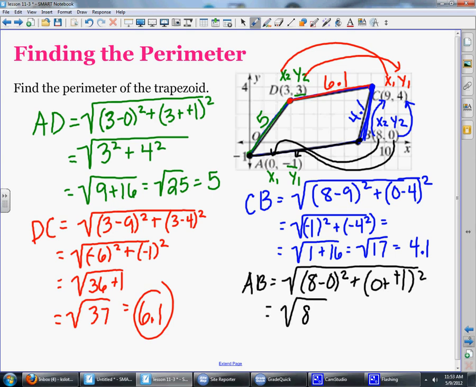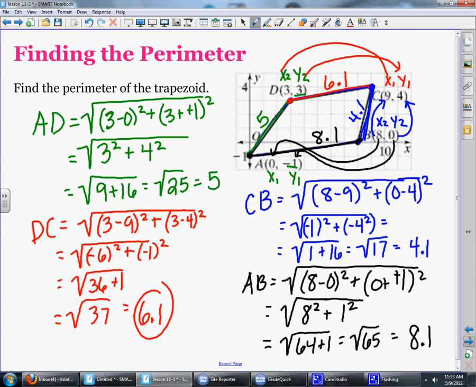So we have 8 squared plus 1 squared. 8 squared is 64 plus 1. So we have the square root of 65, which is going to be a little bit bigger than 8, and that's 8.1.